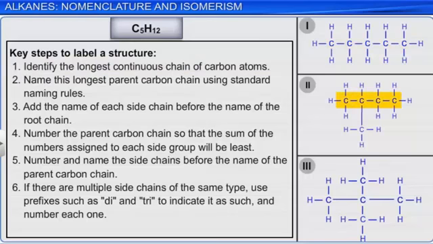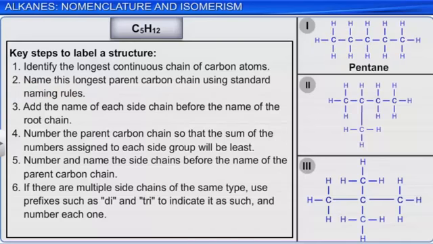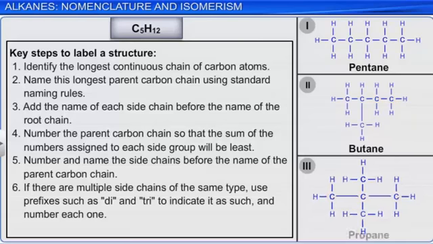Structure 2 contains 4 carbon atoms. And structure 3 contains 3 carbon atoms in the parent carbon chain. Next, name this longest parent carbon chain using standard naming rules. The name for structure 1 is pentane, structure 2 is butane, and structure 3 is propane.